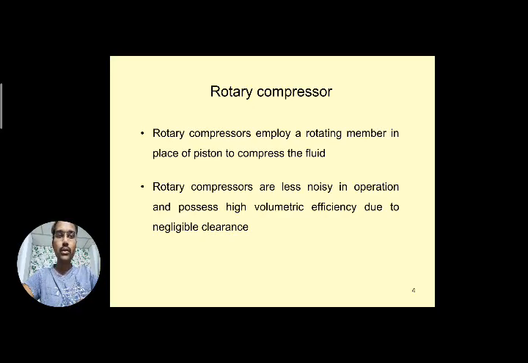Here, due to the rotating component, there is very little noise, and it possesses a very high volumetric efficiency compared to reciprocating compressors. Due to negligible clearance, whereas some clearance volume is present in the reciprocating compressor, it has high volumetric efficiency.